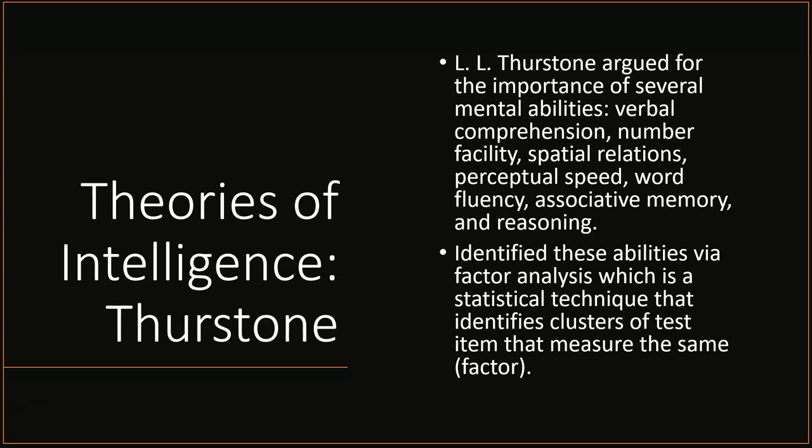So, for instance, you'd have a bunch of items that are developed to test intelligence. When you use factor analysis, it will pull out the interrelated items, and you'll have clusters of them. So one factor would be labeled verbal comprehension, another factor would be labeled number facility, and so on. And, again, a lot of these approaches really emphasize the skills that are most related to school performance.